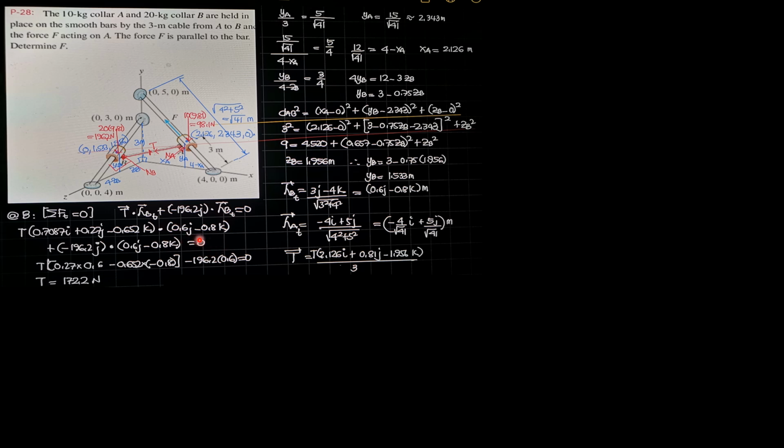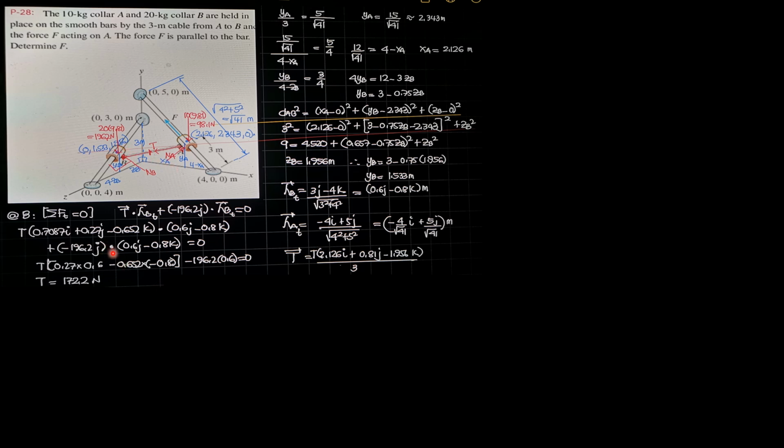So 0.6j minus 0.8k. Then dotting the component of the weight, negative 196.2j, with the unit vector 0.6j minus 0.8k, then equals 0 because this is in equilibrium.